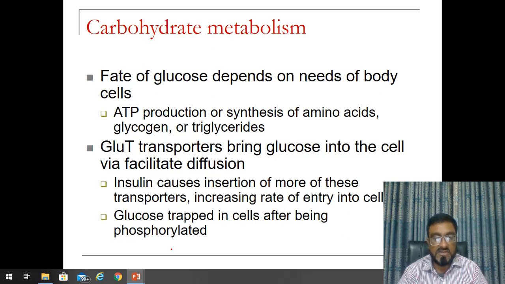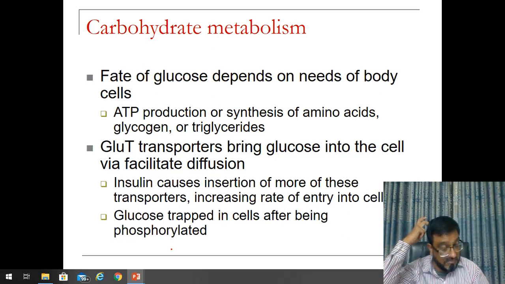This is true for most of the GLUT systems, not all. The glucose transporters working at your brain level, at your nervous system, do not require insulin. Glucose is trapped in the cell after being phosphorylated.